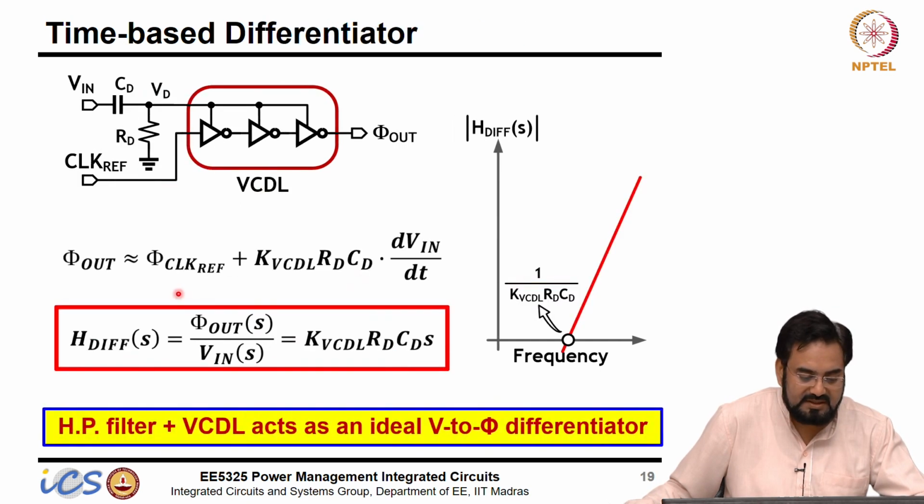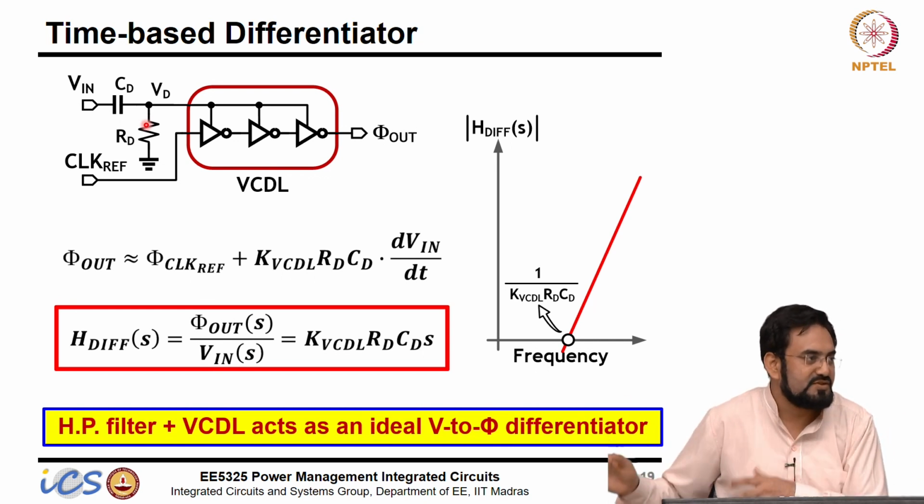So what we actually do for the derivative is we simply put a first-order low pass filter and use the same VCDL. If the RC time constant is small enough to push that pole outside, it will behave like a differentiator.